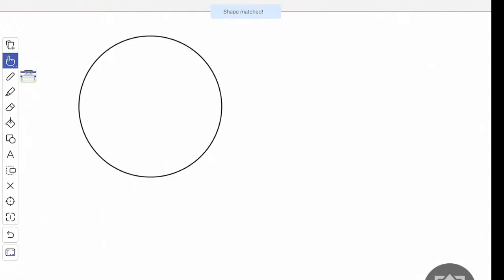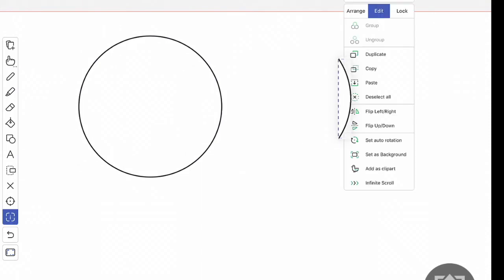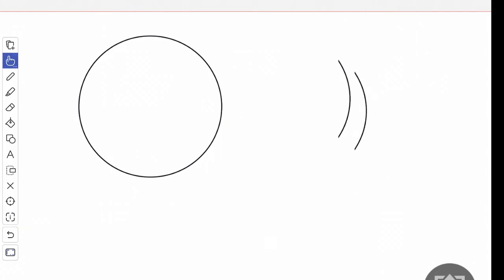Right now, let us draw a sphere. Now let's say I cut a portion from here, and this is my mirror. Now there are two mirrors.